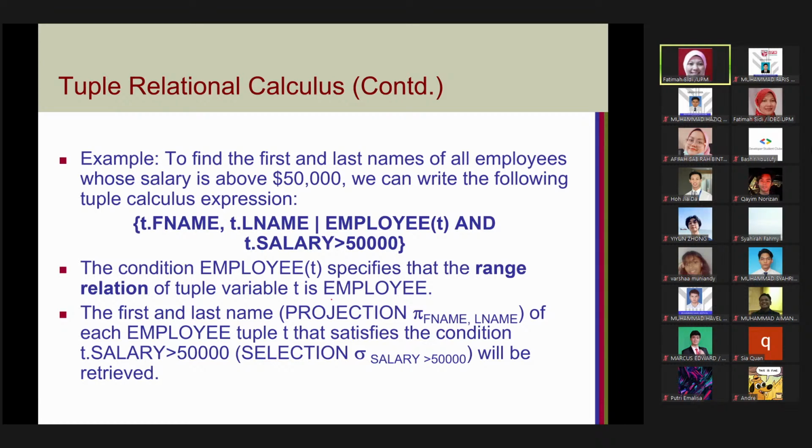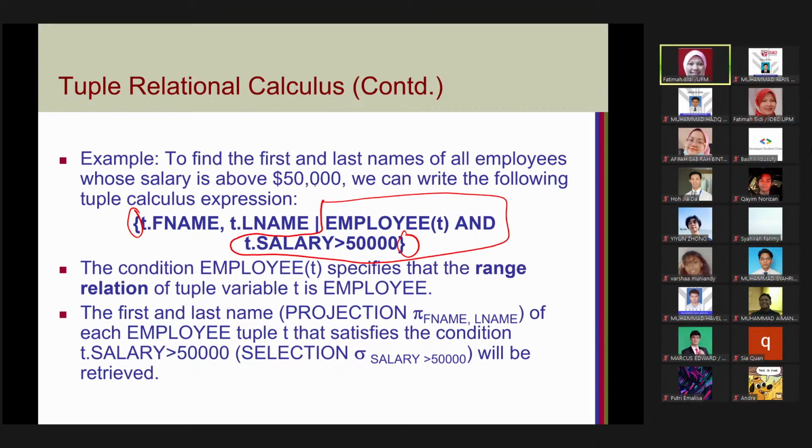Meaning that the tuples of first and last name of the employee should be retrieved, right? Where the condition is salary is above 50K. So curly bracket, don't forget the curly bracket, open and close. T is the tuple. So this T refers to the tuples of the employees, right? So the condition, this is the condition part.